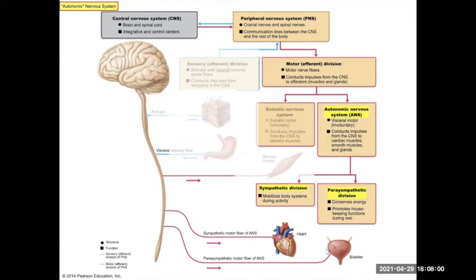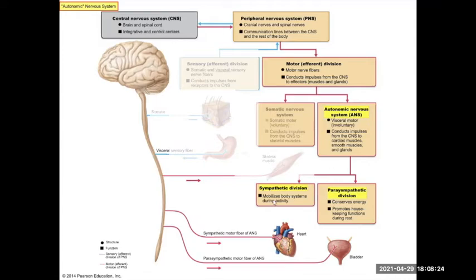Right? All these are going to be unconsciously controlled. You cannot make your heart beat faster or slower based purely on will. You can do it by thinking scary things, which makes your heart beat faster, but that's an indirect effect. This is all going to be unconscious and you're not able to control these kinds of things directly.